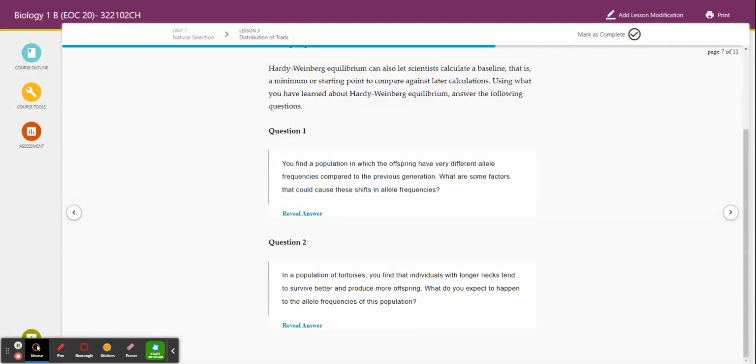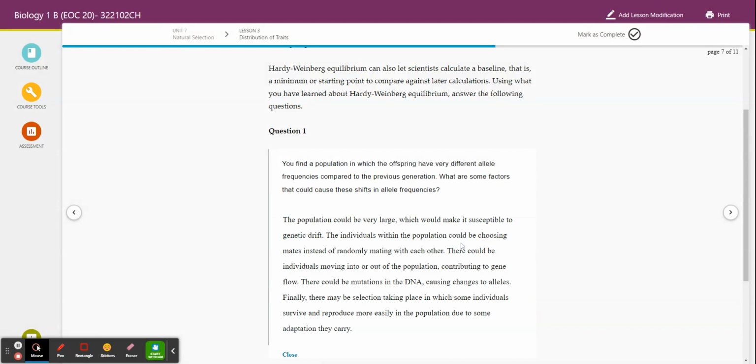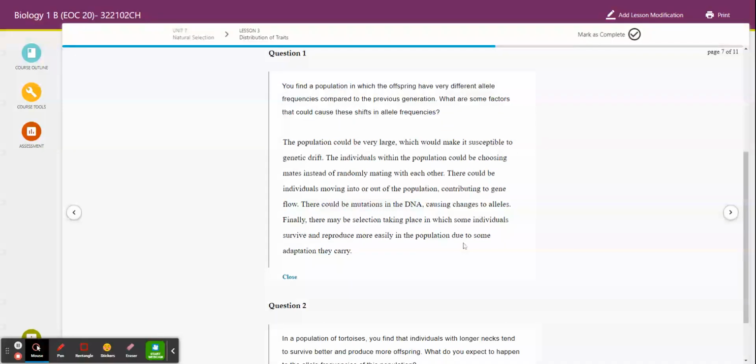You find a population in which the offspring have very different allele frequencies compared to the previous generation. What are some factors that could cause these shifts in allele frequencies? The population could be very small, which would make it susceptible to genetic drift.